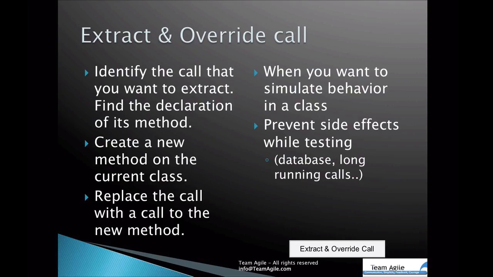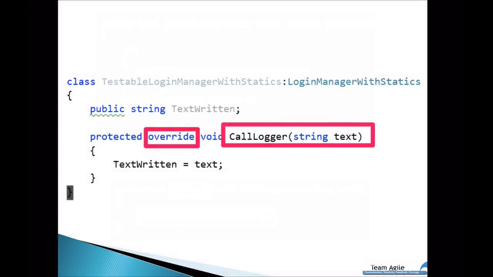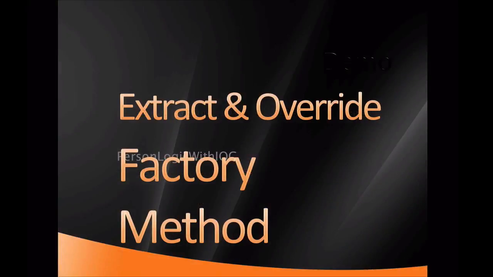Let's talk about, okay, just like we extract and override a call to a logger, we can also extract and override a call that creates an object. So let's say that we have a dependency on an email that gets created directly in the code.